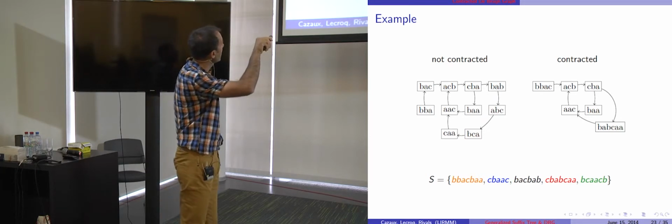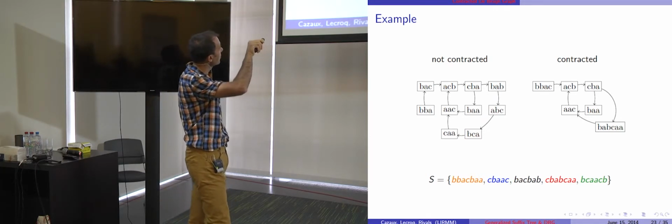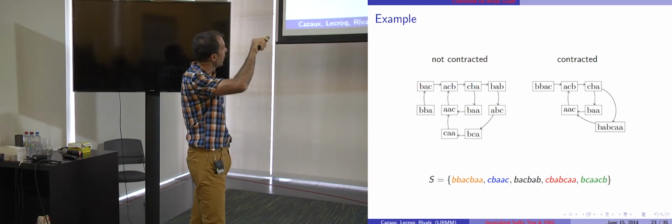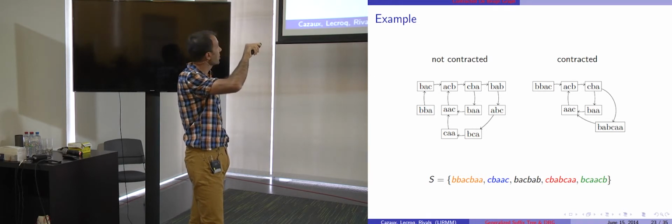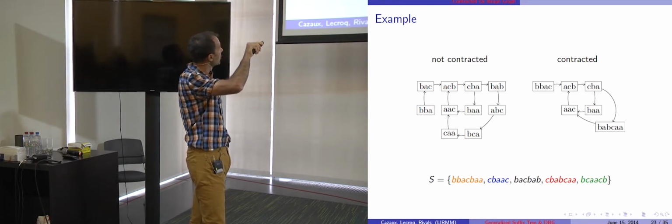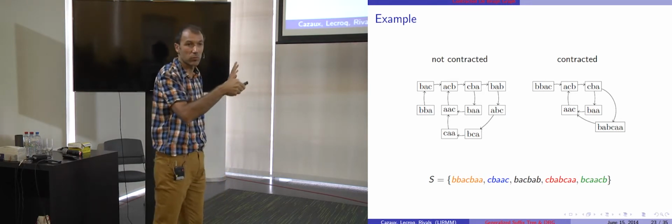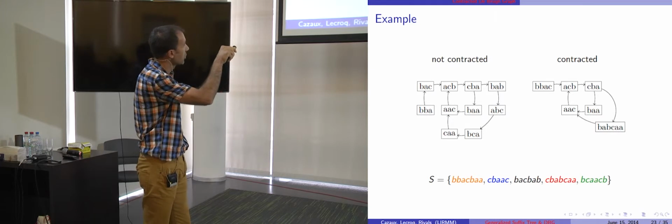You see that when you start from CBA, you have 2 possible locations. But if you take this path, then you end up on a simple path where you have no choice. There is no branching here. And therefore, until you come to AAC, all this path is determined because there is no choice. If you start in there, you have to go there.